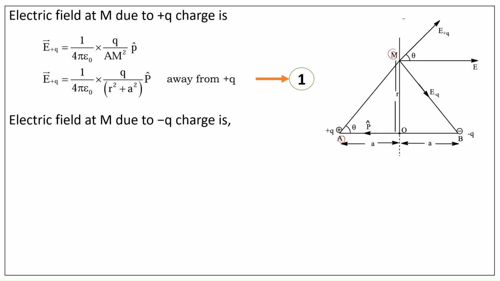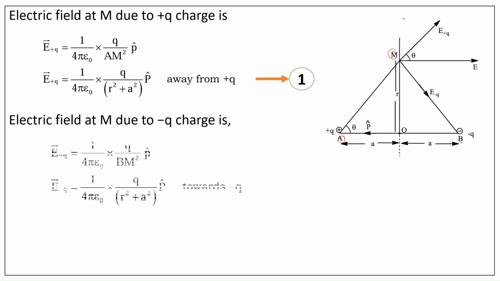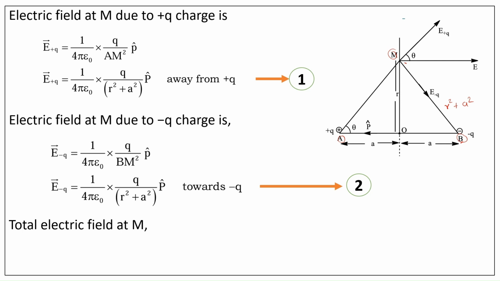The electric field at M due to the minus Q charge is vector E minus Q is equal to 1 by 4 pi epsilon naught into Q by BM square into P cap. From the figure, BM square is equal to R square plus a square. Therefore, vector E minus Q is equal to 1 by 4 pi epsilon naught into Q by (R square plus a square) into P cap. Mark it as equation number 2.